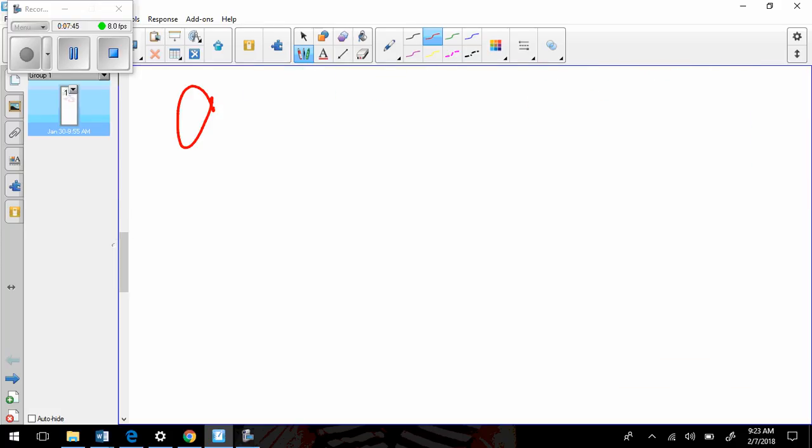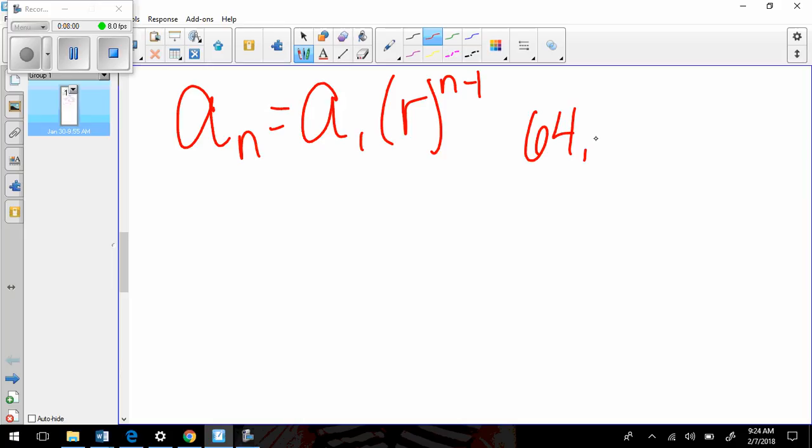Let's try another one. a sub n equals a sub 1 times the rate to the n minus 1. So if I had a sequence of 64, 16, 4, and 1, and I want to know the 6th term.